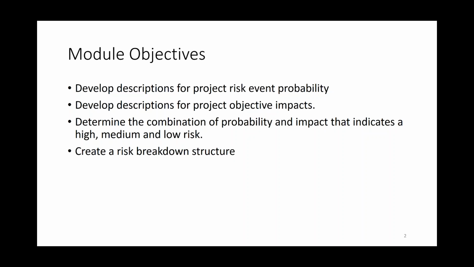What you don't want is to be in the project and have a bunch of risk events show up and then have an argument with people about, well, is this a high risk or a medium? How do I know which ones to prioritize? And how do we rate probability? And what is a big cost impact? Or what's a low schedule impact versus a medium schedule impact? You want to think about all those things up front so you aren't trying to deal with them when you're in crisis mode dealing with a risk.